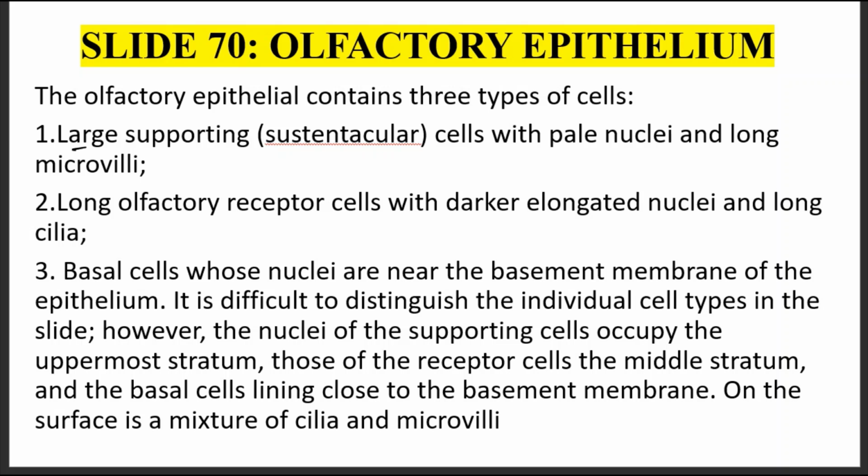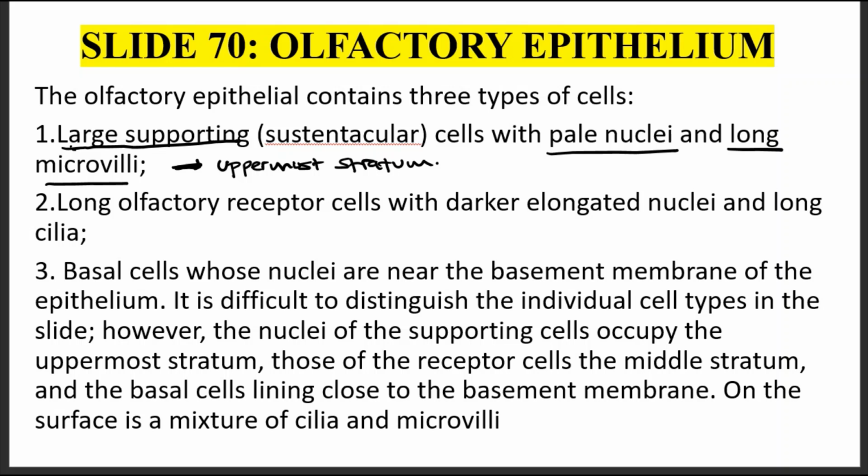Number one, we've got the large supporting sustentacular cells, which have pale nuclei and long microvilli. The nuclei of the sustentacular cells are in the uppermost stratum of the olfactory epithelium.